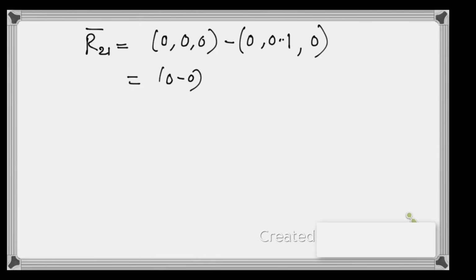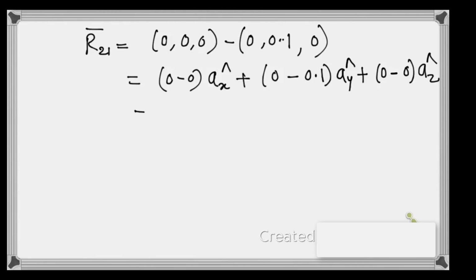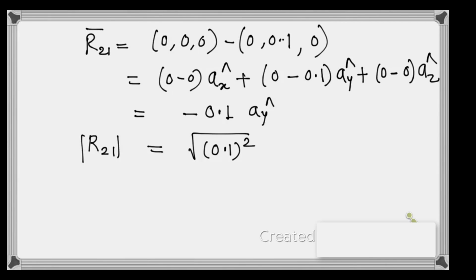So what is the vector now? 0 minus 0 ax cap plus 0 minus 0.1 ay cap plus 0 minus 0 az cap. The x component is 0, so it will only be equal to minus 0.1 ay cap. The other two unit vector components are 0. Now let us find its magnitude directly. It is square root of 0.1 square, and that is equal to 0.1.